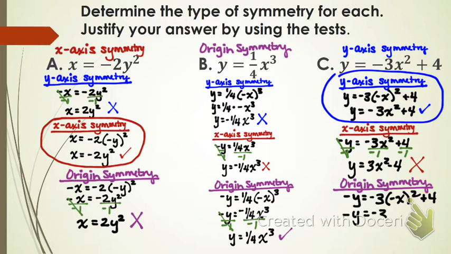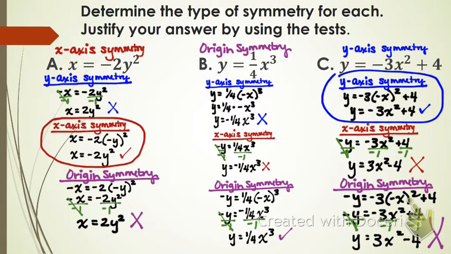So negative y equals negative 3x squared plus 4. I divide everybody by negative 1. And I get y equals 3x squared minus 4. Do we have origin symmetry? No.